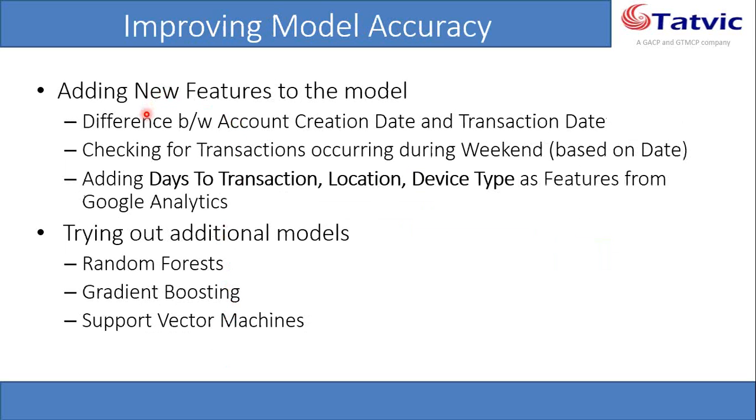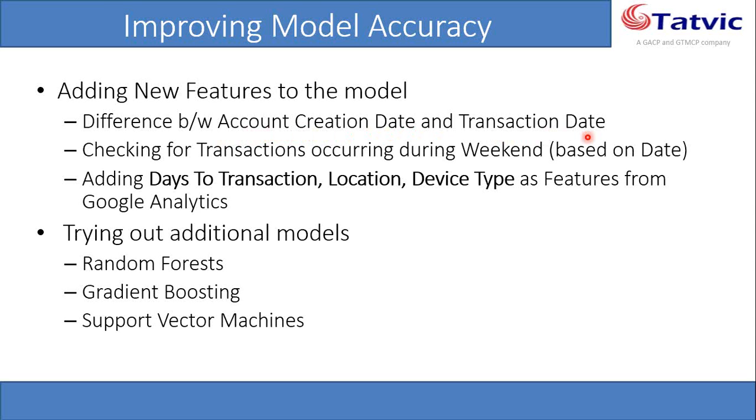We could add new features to the model. Remember, we discarded the date variables. We could actually take the difference of both these dates, account creation date and the first transaction date.